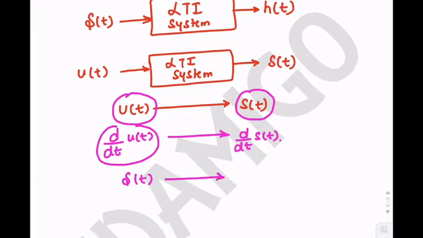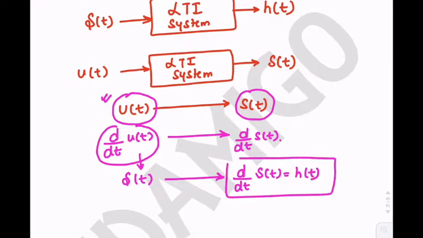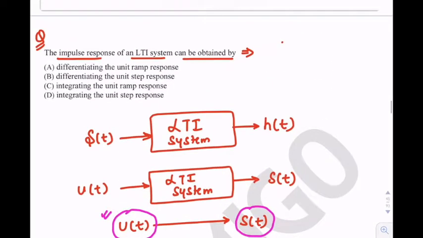Thus by differentiating the input u(t) we are getting delta t, and the output of delta t will be d by dt of s(t), and that is equal to h(t). So we can say that by differentiating the unit step response, we will get the impulse response.